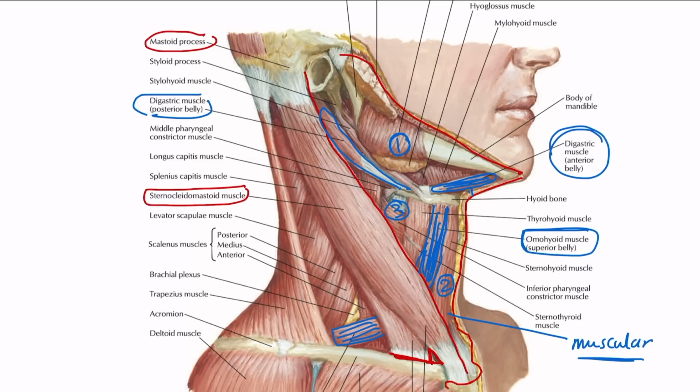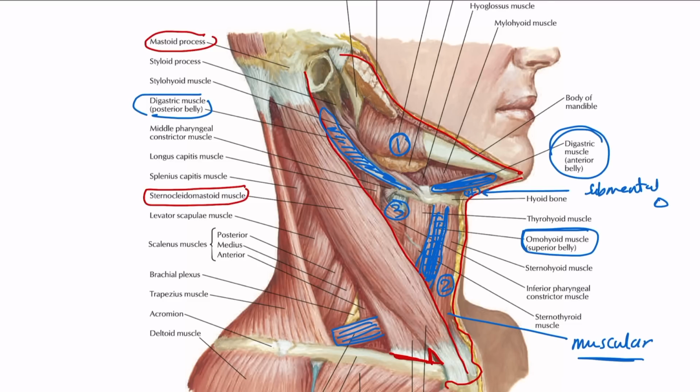And another very small one in here is called the submental triangle. So four subtriangles in the anterior triangle, divided by the anterior and posterior belly of the digastric muscle and the superior belly of the omohyoid muscle.